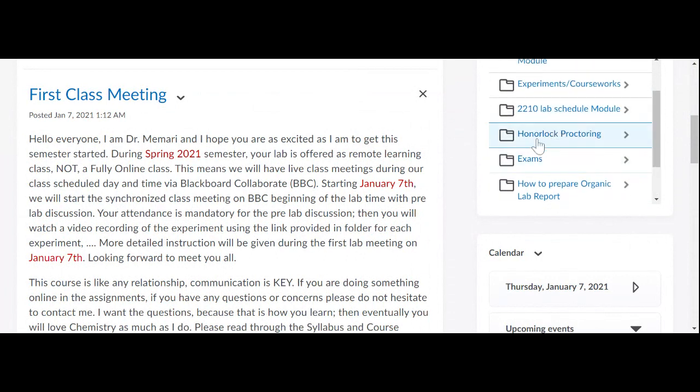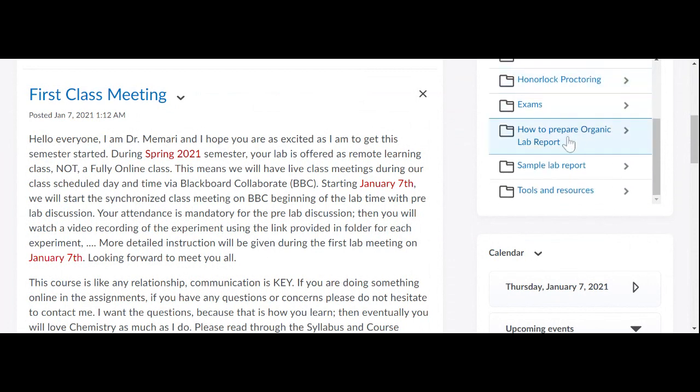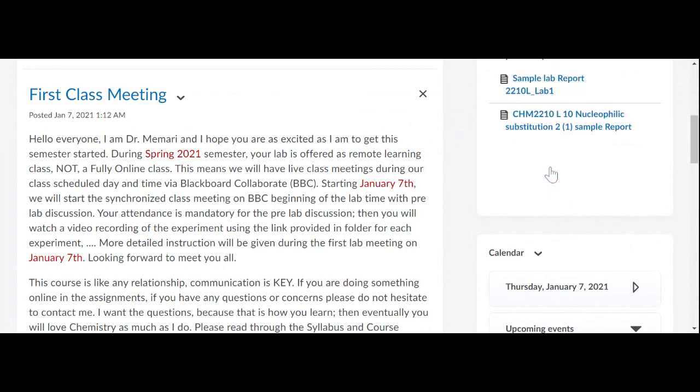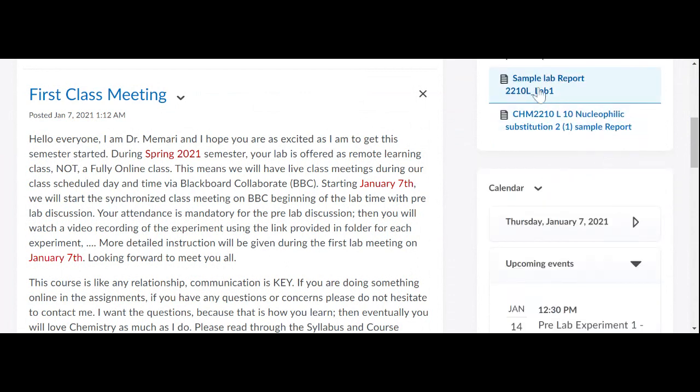It tells you about the honor log and proctoring. It gives you how to prepare an organic lab report again, but it's very similar to what I just told you. It's the exact same document. Sample lab reports, you have two of them.